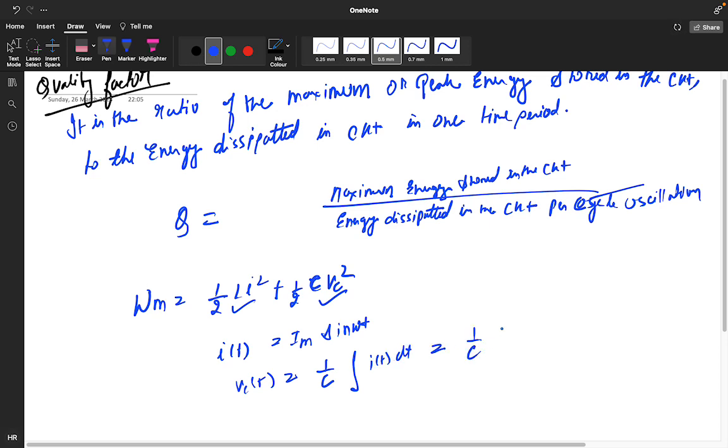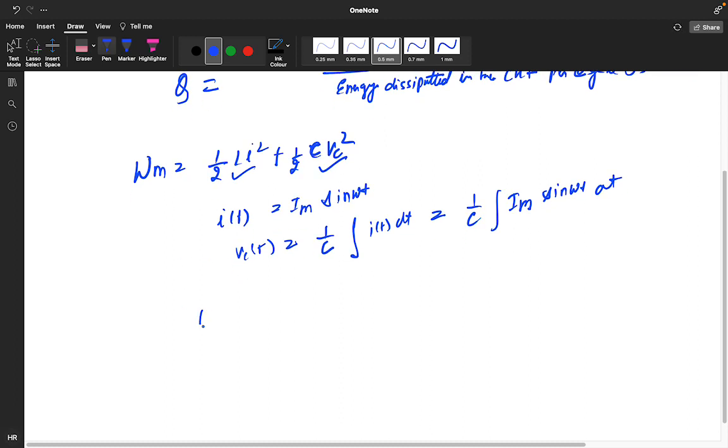So you get 1 by C integration of Im sine omega t dt. By solving this, Vc of t will come as minus Im by omega C cos omega t.